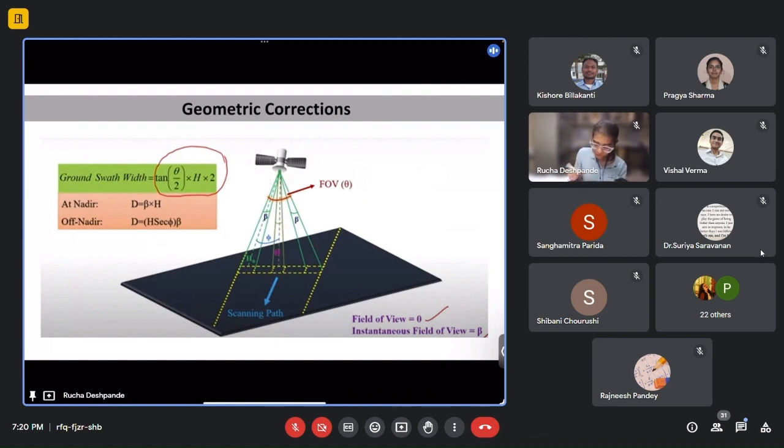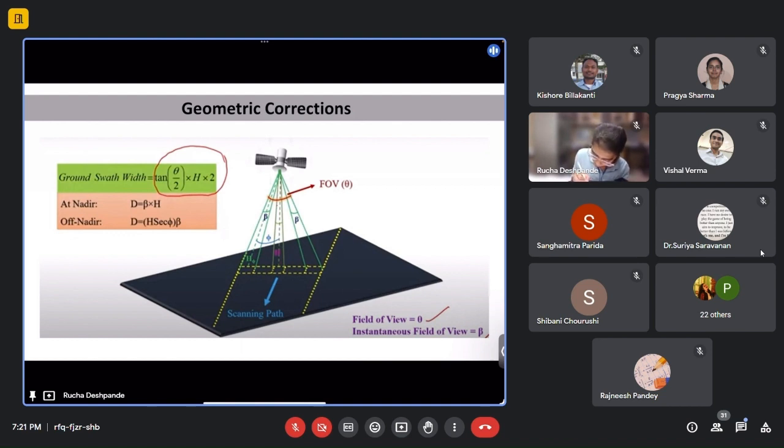Look at this figure. This is the figure from the slide itself. This is the sensor, and this is the field of view of the sensor, the total area that it scans in one go, and the instantaneous field of view is the angle made when it looks. Instantaneous field of view is the angle inscribed at one pixel.